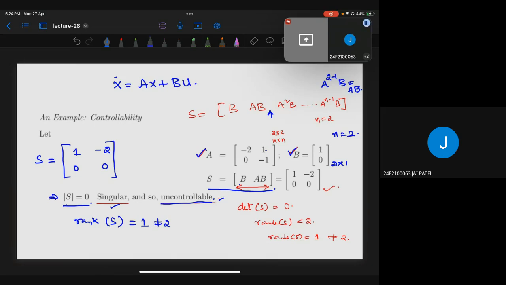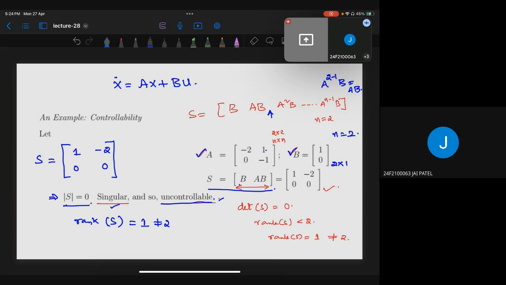Sir, if the rank is 2, which means n is 2, and the determinant of S is also 2, then it is controllable. You have written the rank of S is equal to 1, which is not equal to 2. Please explain this line.